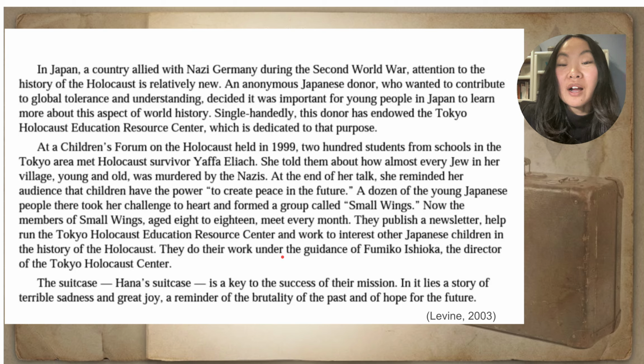They do their work under the guidance of Fumiko Ishioka, the director of the Tokyo Holocaust Center. Hana's suitcase is a key to the success of their mission. In it lies a story of terrible sadness and great joy, a reminder of the brutality of the past and of hope for the future.